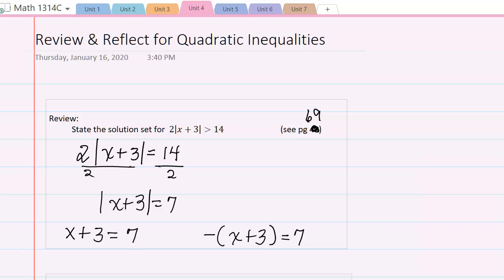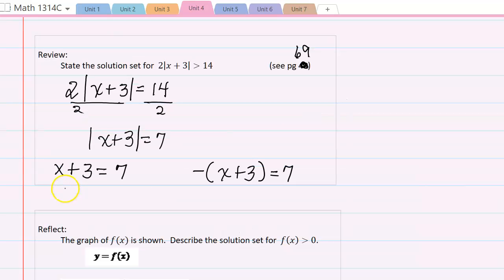Solving the first equation, we have x plus 3 is equal to 7. We subtract 3 from both sides and we get x is equal to 4. Solving the second equation, we have the negative in the parentheses of x plus 3 is equal to 7. We can distribute the negative to get rid of the parentheses, and we get negative x minus 3 is equal to 7.